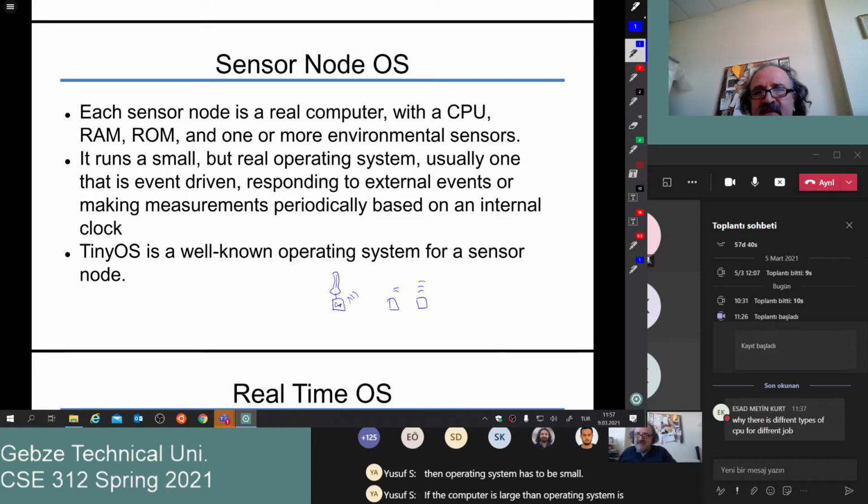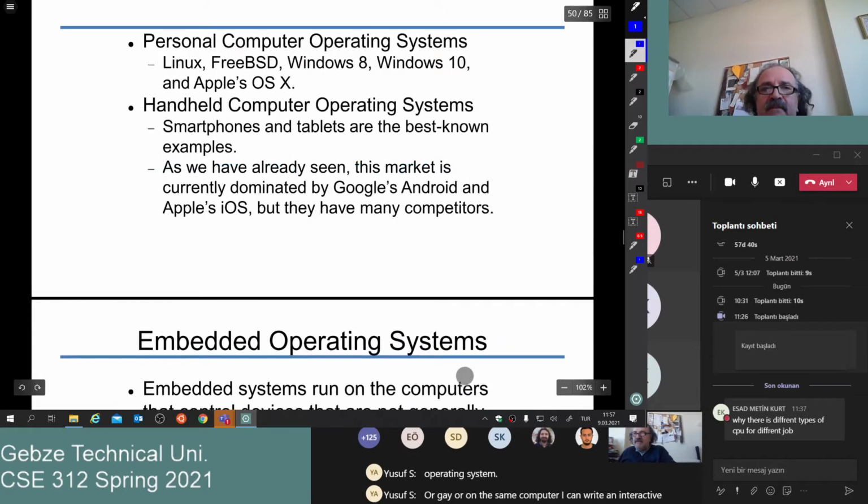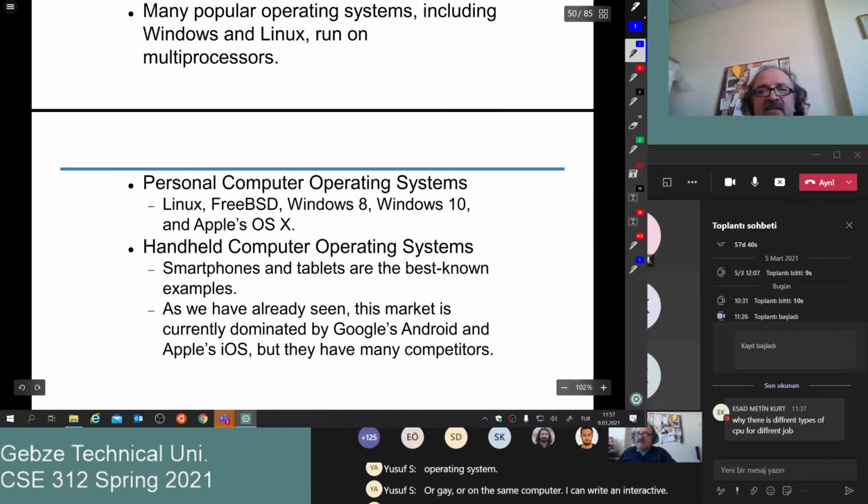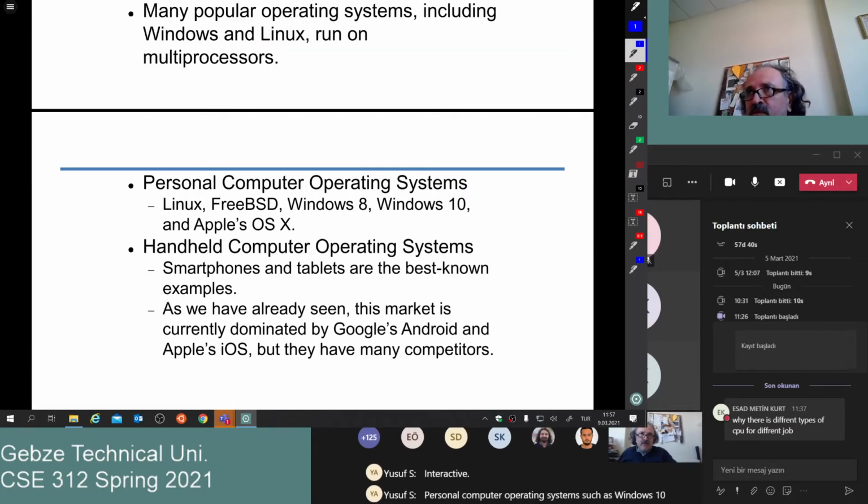But sometimes, as in the case of mainframes and servers, on the same hardware I can run a mainframe operating system or the server operating system. Or on the same computer, I can run an interactive personal computer operating system such as Windows 10, or I could run Windows Server on the same computer. These are two different operating systems.